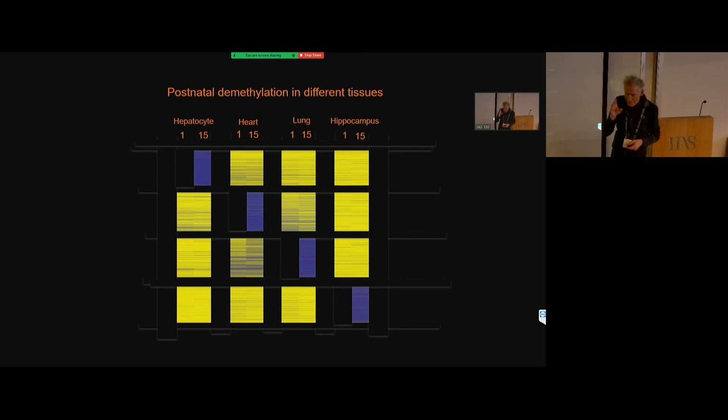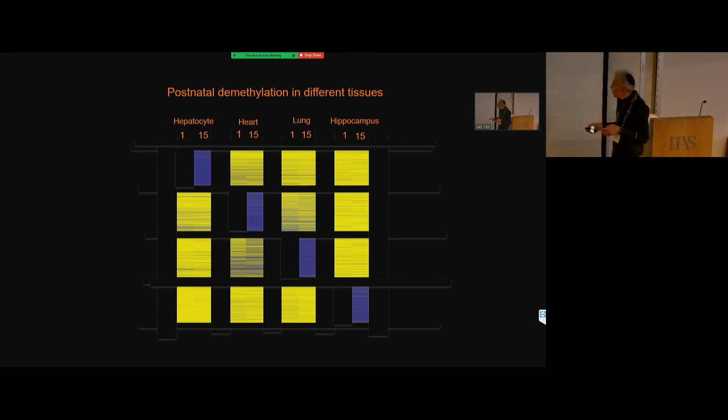Always keep in mind, what methylation does is stability. And stable development occurs during development, but it also occurs after terminal differentiation. That's what I want to show you now.